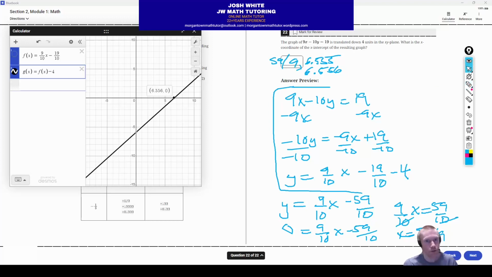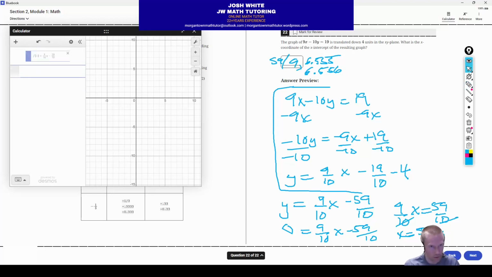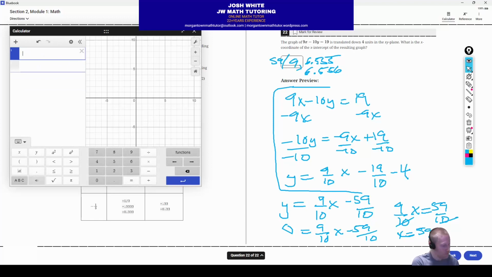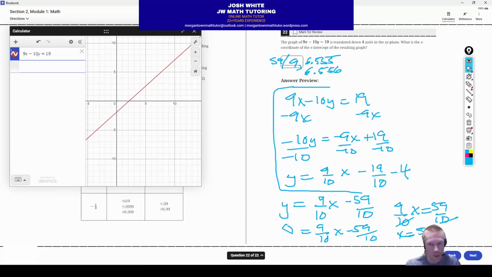However, here's how you could also reason your way through this, doing the entire thing in Desmos, no work required. I graphed the first line. The original function I called f of x, right? So if it's being shifted down 4 units and we're looking for the point that's going to be on the x-axis, that means on the original line, which is technically shifted up 4 units before the shift down, I'm looking for a y value of 4.